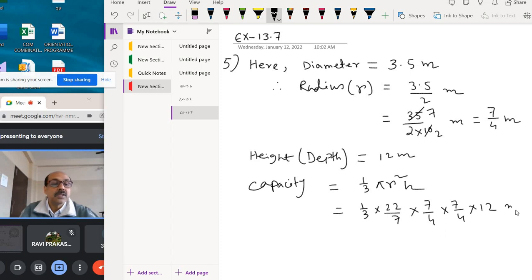This unit is meter cube. Okay, capacity unit means volume unit.